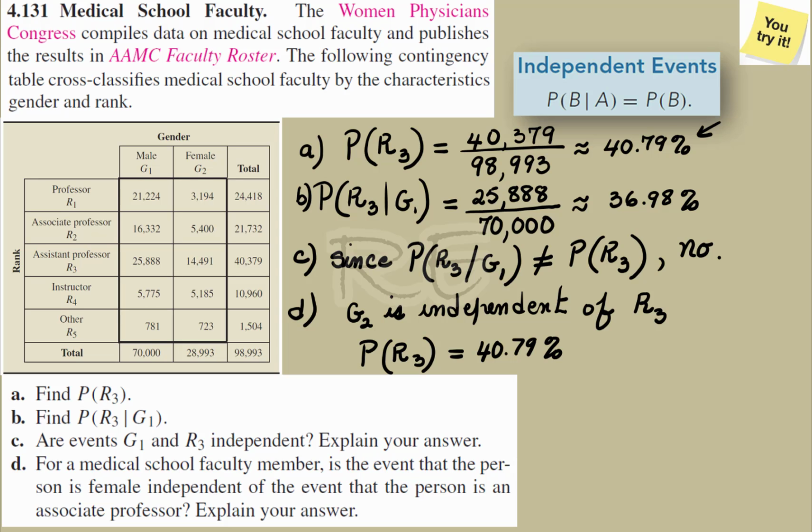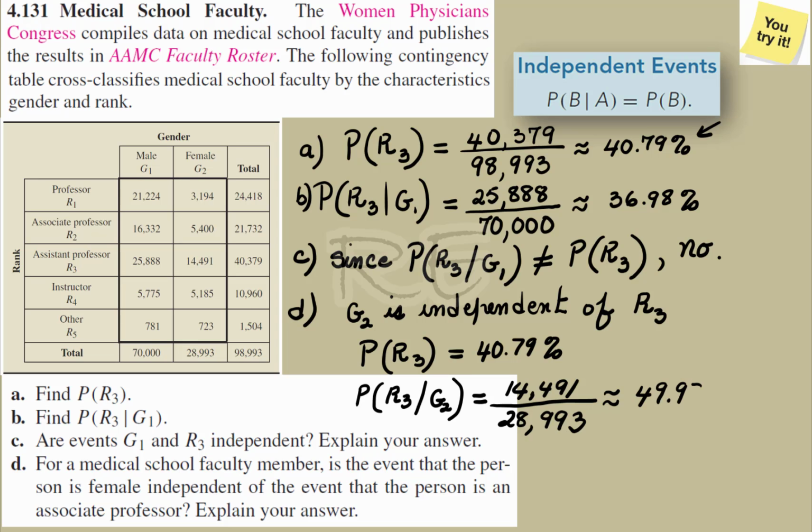Now we need to calculate P of R3 given G2, and P of R3 given G2 will be equal to P of R3 and G2, which is 14,491. And the total for the G2 column is 28,993.